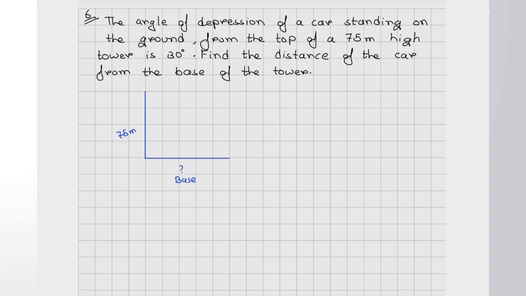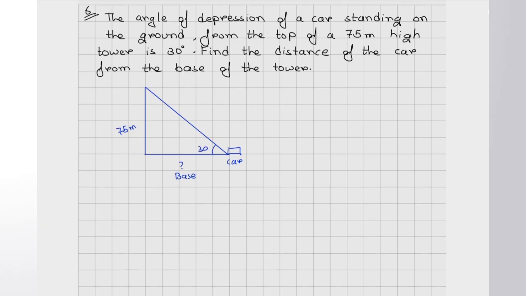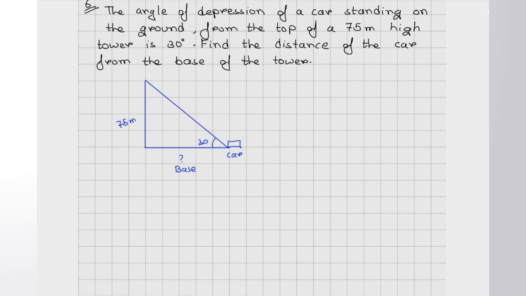The car is standing here on the ground, and the angle of depression from the top of the tower is 30 degree. This will be 30 degree. We need to find the distance of the car from the base, this distance.